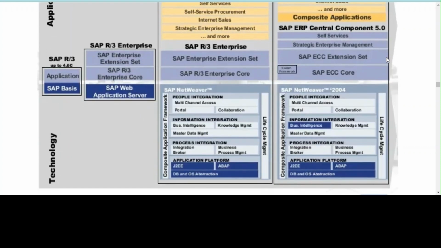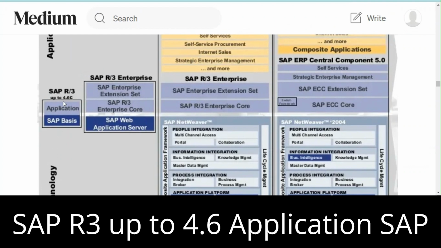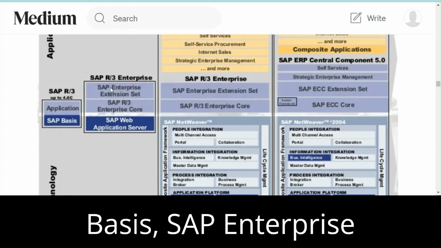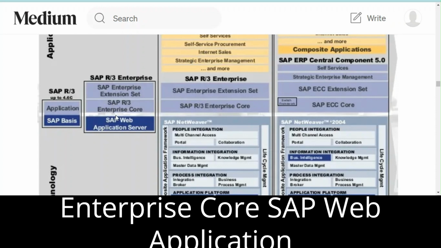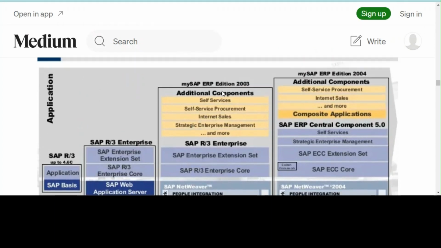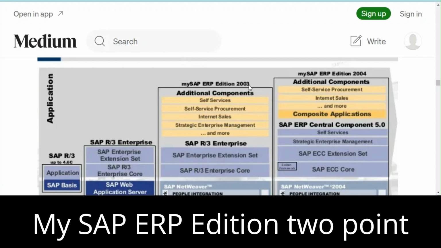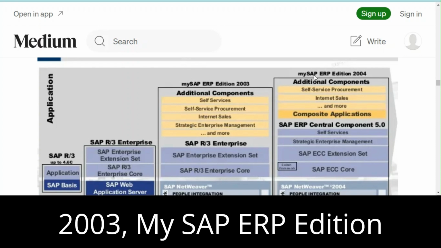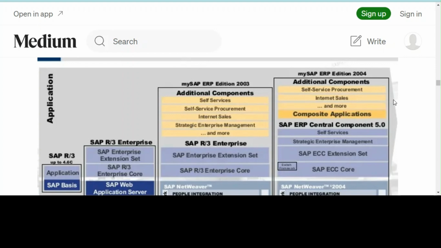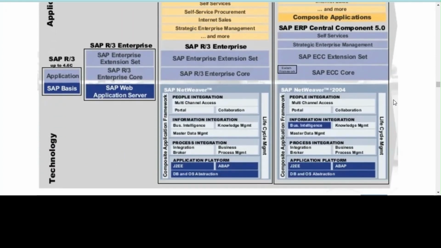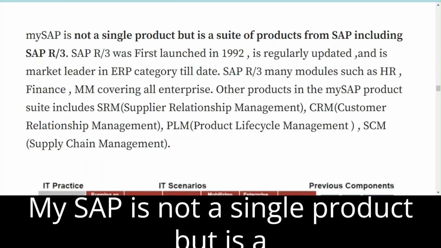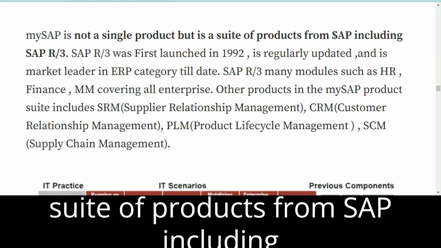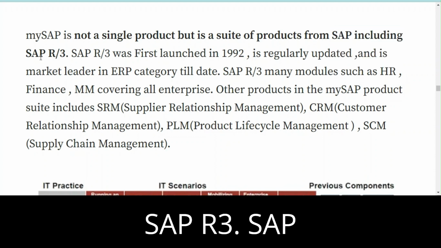Application technology. SAP R/3 up to 4.6, SAP Basis, SAP Enterprise Extension Set, SAP R/3 Enterprise Core, SAP Web Application Server. mySAP ERP Edition 2003, mySAP ERP Edition 2004. mySAP is not a single product but is a suite of products from SAP including SAP R/3.